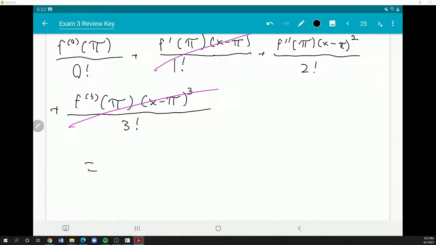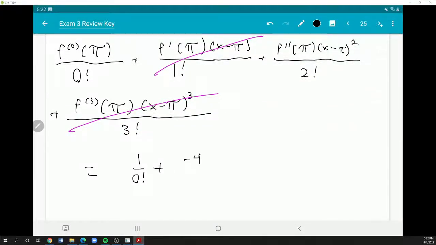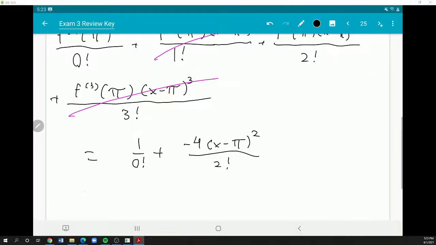And I'm left with f0 at pi is 1 over 0 factorial, plus minus 4 times x minus pi squared over 2 factorial, otherwise known as 1 minus 4 x minus pi squared over 2. So this becomes a 2. And that's the answer there.